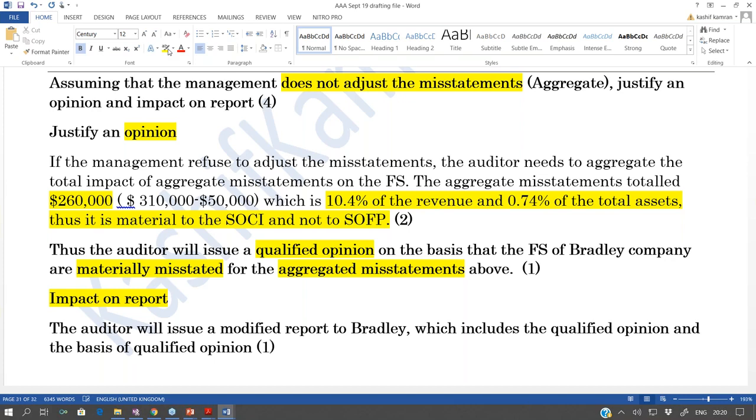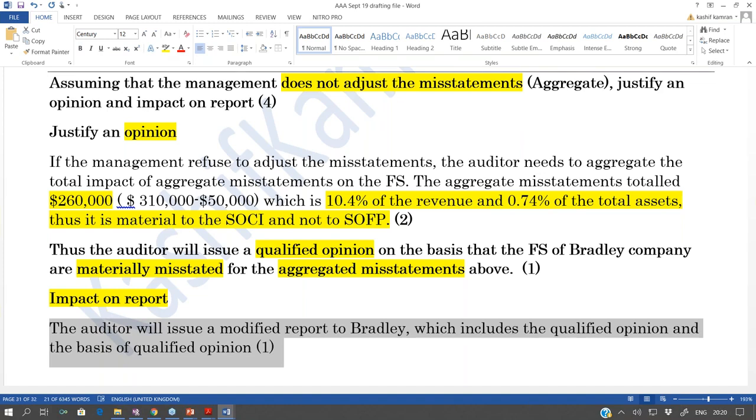So can you understand that? Can I do the answer the way I like to do it, or should I do the answer the way the examiner wants me to do it? Was the examiner asking me to first tell an opinion, and then to write an impact on the report?